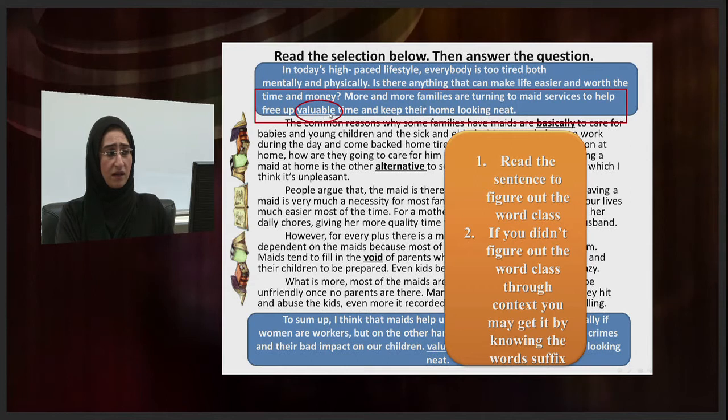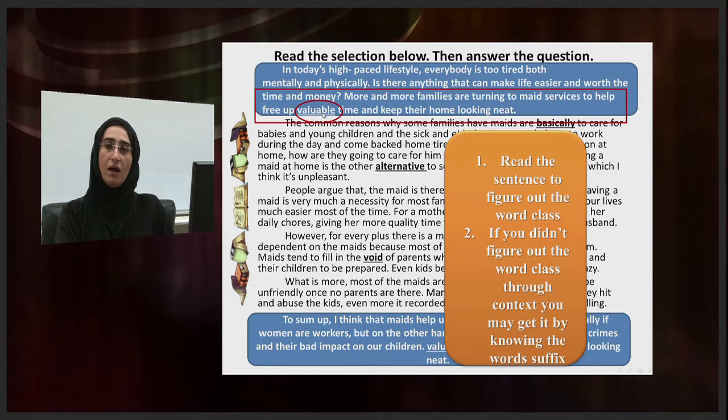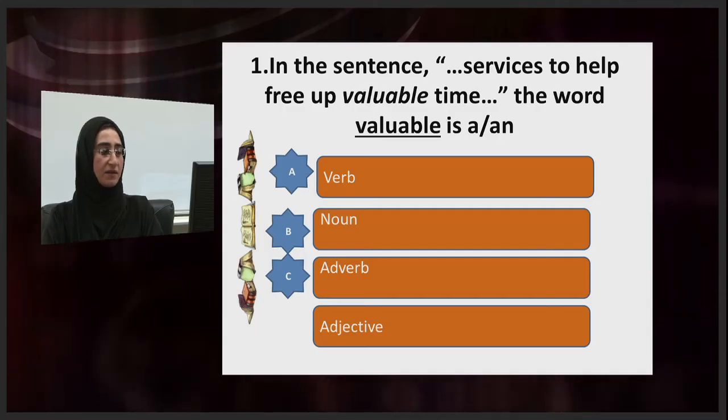There are no actions here. So is it an adverb? Most of the time, the adverbs end with ly. So I don't think that it is an adverb, but try to find it. You will read through context, you will get the word class of this word. Now, the right answer is what?